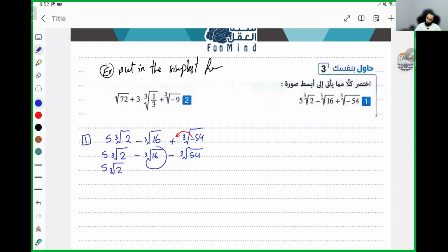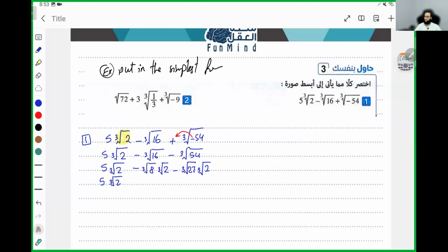And we can write instead of root 16 root 8, because it's a cubic root, times root 2. And this is 27 times 2. Correct? Correct. This is 5 root 2. In the question, there was cubic root 2, so this one is decomposed into 8 by 2, and this one into 27 by 2.